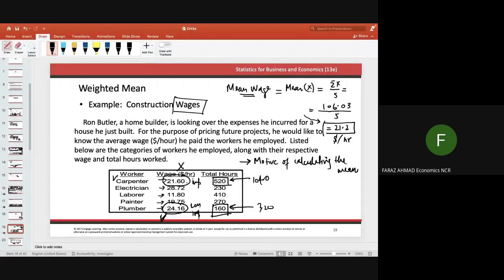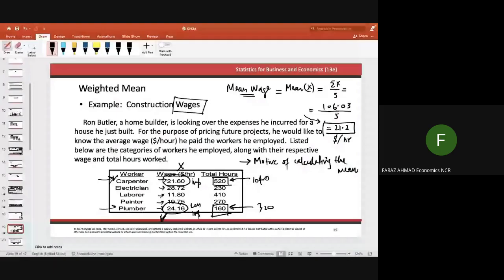And then you would realize later that you have given equal weight to plumber's wage and carpenter's wage in the mean calculation. So you made a mistake, right? So it's better to give more importance to carpenter wage as compared to plumber wage. So we will see next time. Again, I will talk about this and do the calculations of the weighted mean. Any question up to here?